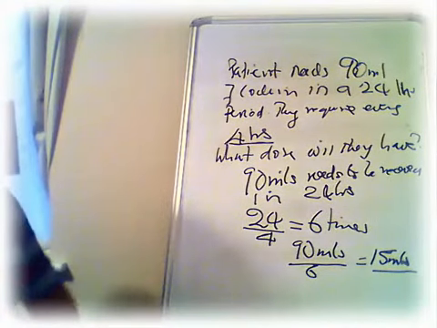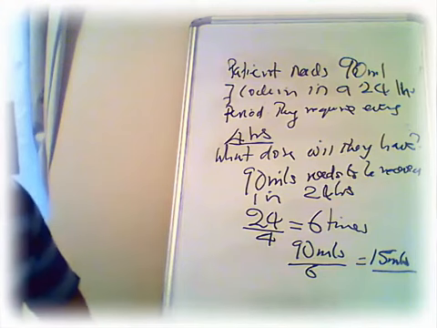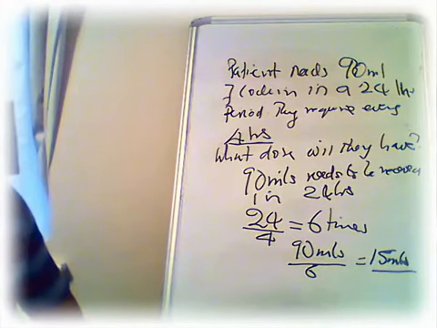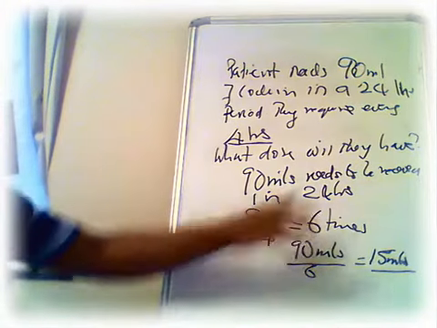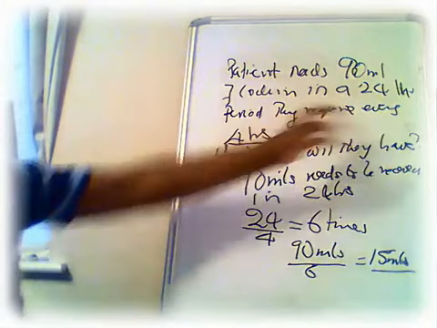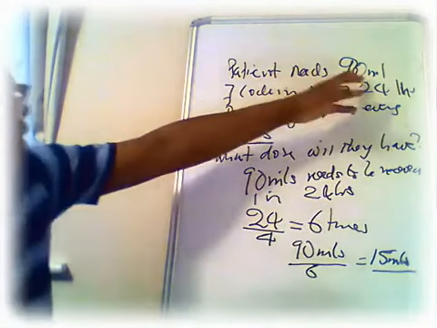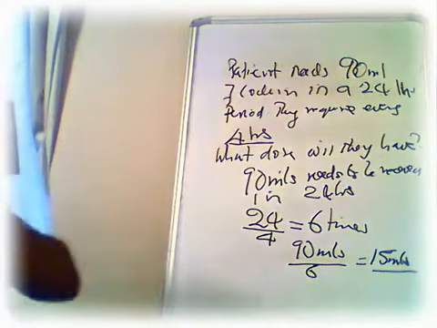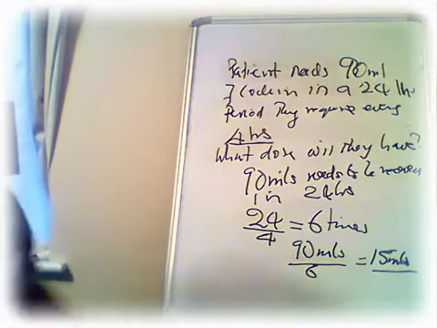You can see if he is going to receive 15 mils each time, for 24 hours, he's going to get 90. So 15 times 6 should give you 90. So he's going to receive 6 times because he's receiving every 4 hours, and then obviously 6 divides into the total that he needs. So each dose is going to be 15 mils. So each time the nurse goes to give the medication, they are going to give 15 mils. Okay.